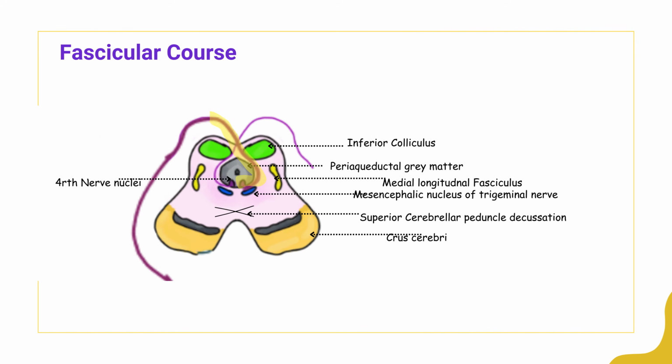Fibers arising from the trochlear nucleus, which is situated in the periaqueductal grey matter, form fascicles and pass in between the inferior colliculus and the periaqueductal grey matter and completely decussate in the anterior medullary velum that is present as the roof of the fourth ventricle. This decussation occurs at the dorsal part of the midbrain. This explains why nuclear lesions can cause contralateral superior oblique palsy and why bilateral palsy can occur in this region.